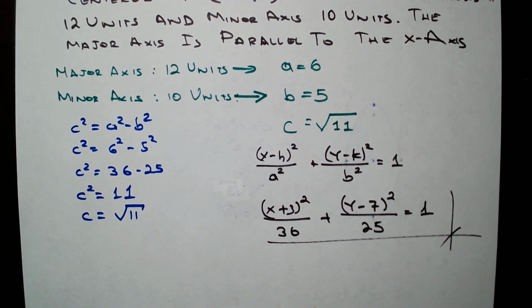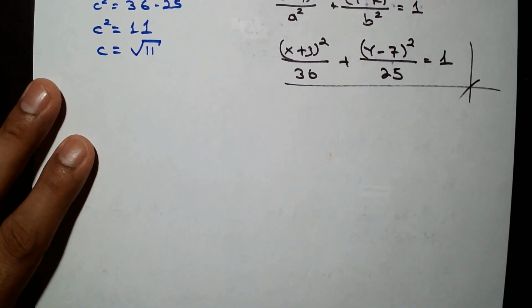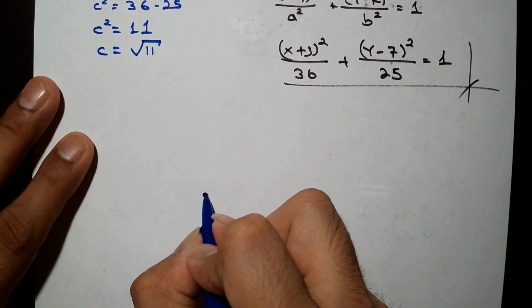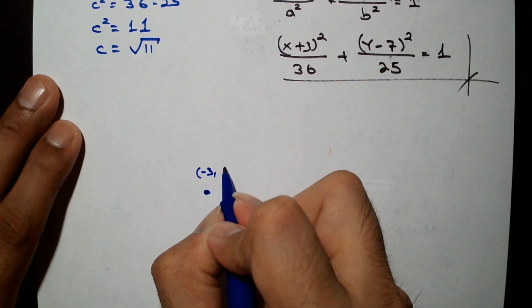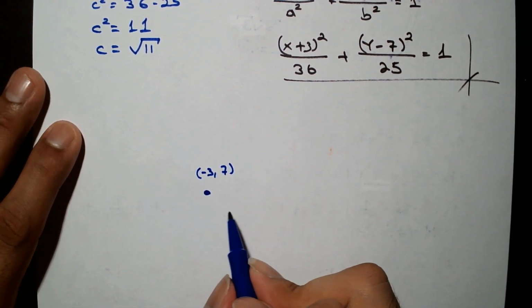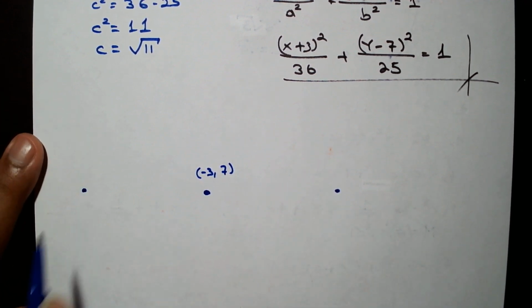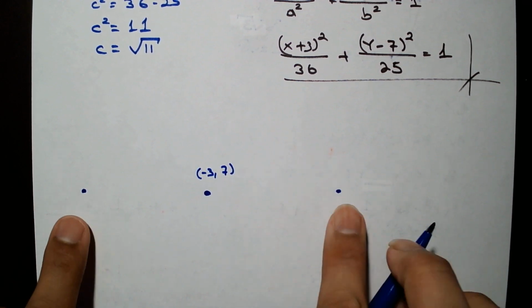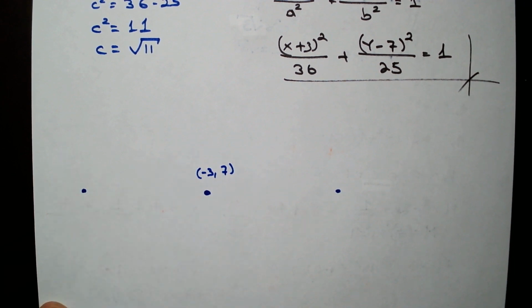Well, now that we are around, why not analyze it? All right. So this is what I'm gonna do. Without doing a Cartesian plane, I'm going to just draw a point, which is the center. That's the point negative 3 comma 7. So in this case, these are going to be the endpoints of the major axis. That is 12 units, 6 units, 6 units.